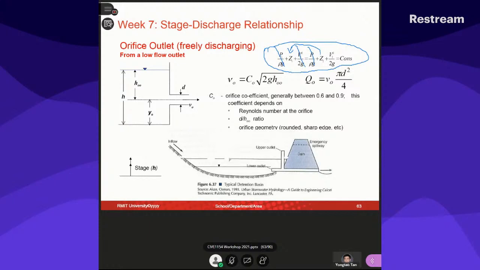So you can see V is the square root of 2G HOO. Normally we will multiply by a coefficient, the orifice coefficient, which depends on the Reynolds number, D over HOO, and the geometry, ranging from 0.6 to 0.9.